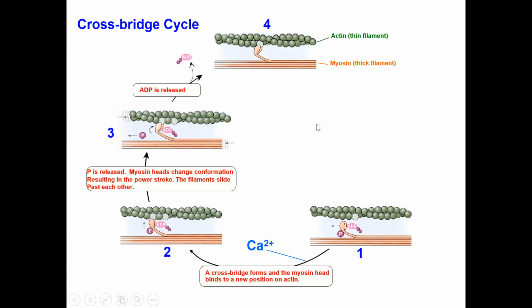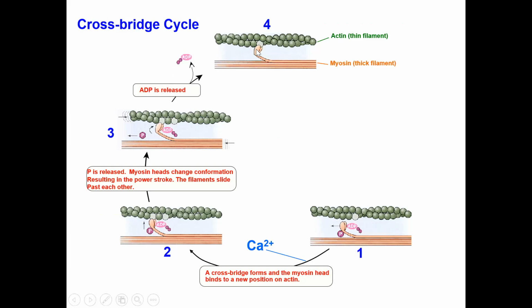And then after it happens, the ADP will be released from the head, okay? And now the head in this position remains connected with the binding site of actin. It remains connected, and if nothing happens, it remains that way forever. To dissociate this head from actin, an ATP molecule must bind with the head.